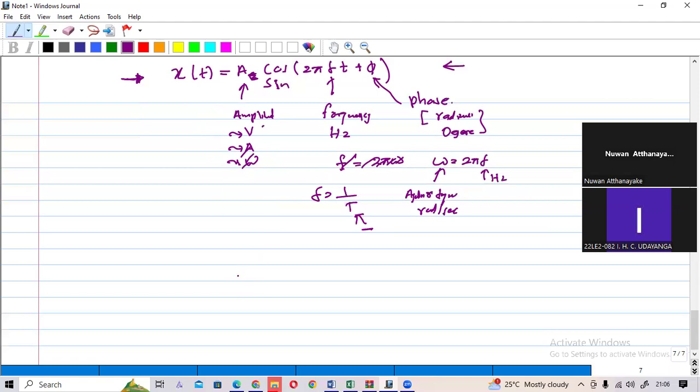So let's say you have a sinusoidal signal, a sine signal. The amplitude is 2 volts, the frequency is 100 hertz, and the phase is 0. So how can you write it?